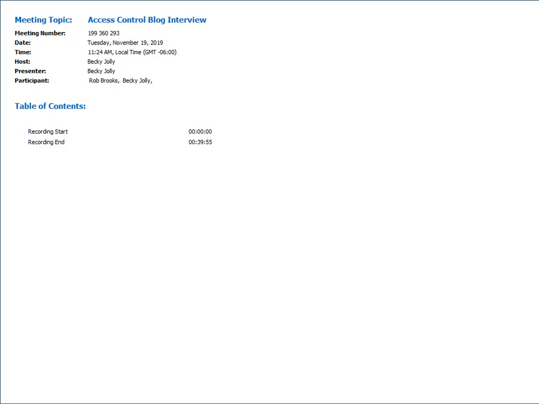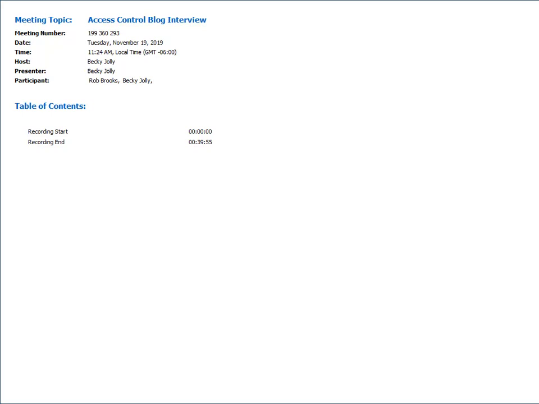So there's a really feature-rich set of functionality that allows you to do things like auditing people and locations, tracking people where they're going. You can have things like an audit trail where you see what door someone's gone through, and even to the level of operationally, who's making changes to the system.